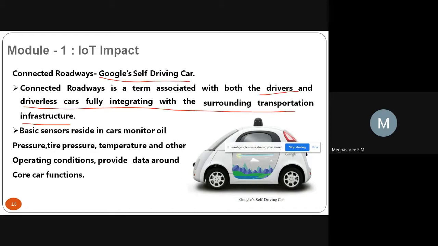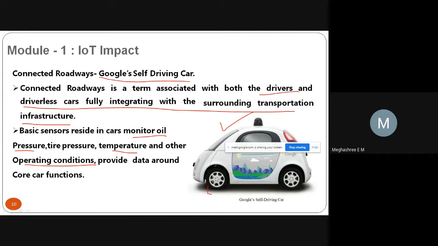Sensors are also deployed to monitor the oil pressure, the tire, the temperature and other operating conditions. All the sensors deployed in the car pass information to the driver, and using which the car will be driven.